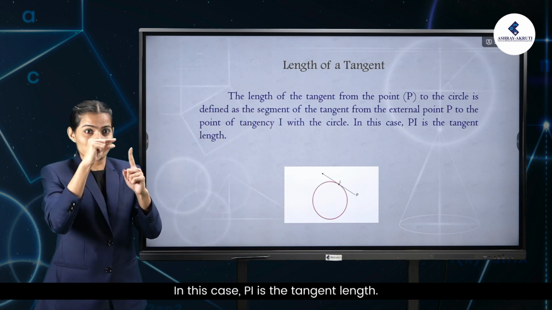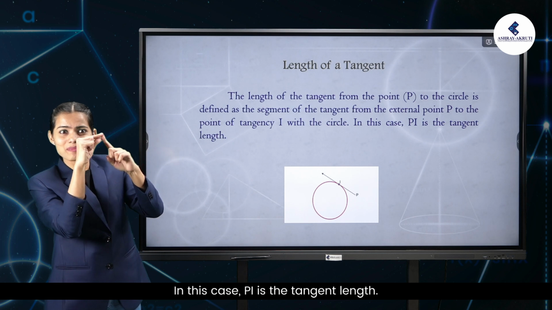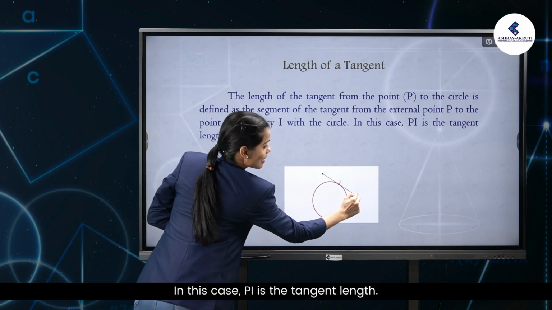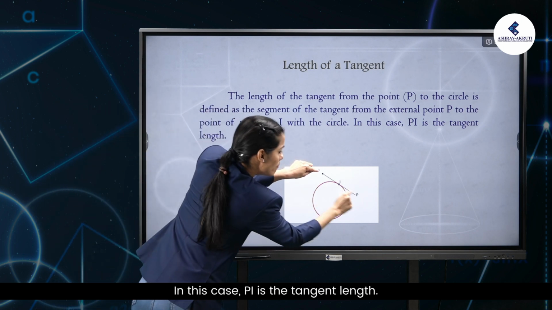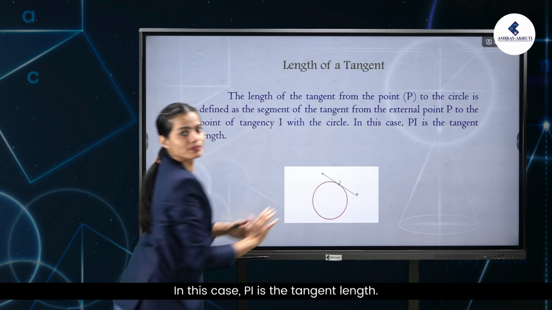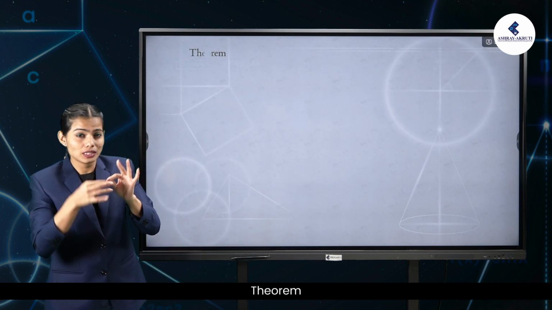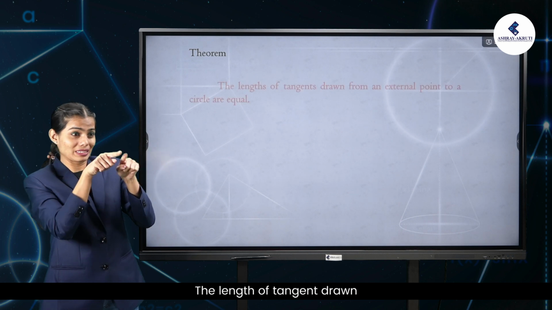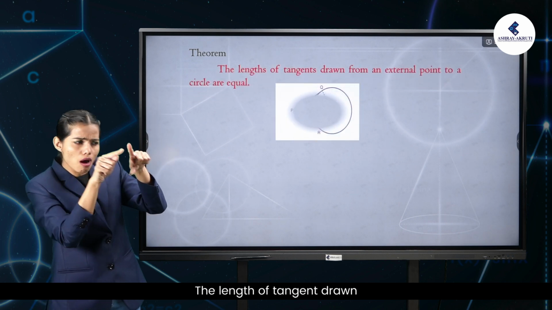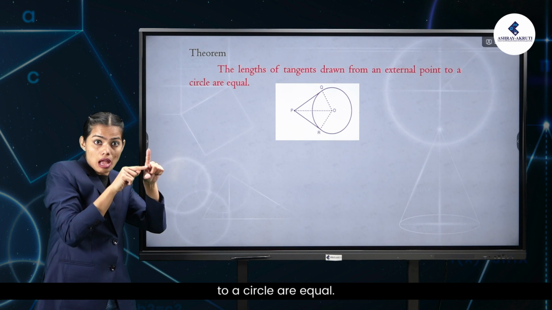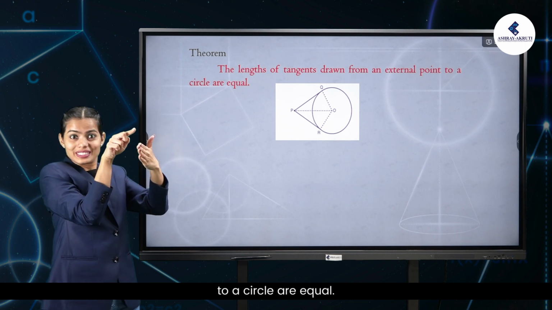In this case, PI is the tangent length. Theorem. The lengths of tangents drawn from an external point to a circle are equal.